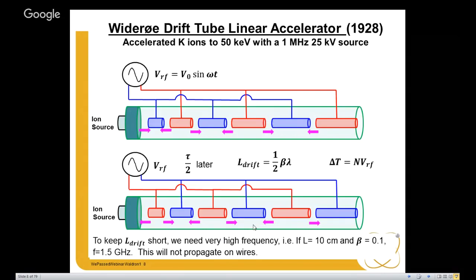If we want to build one of these things, and we want to get anywhere near relativistic, if I'm saying the relativistic beta is 0.1 for this arrangement, and the drift spaces are going to be around 10 centimeters, that means I'm going to need about a 1.5 gigahertz sine wave being fed in here. This is not going to propagate well on wires. As it turns out, Wideroe accelerated potassium ions to 50 keV with a 1 megahertz source back in 1928.